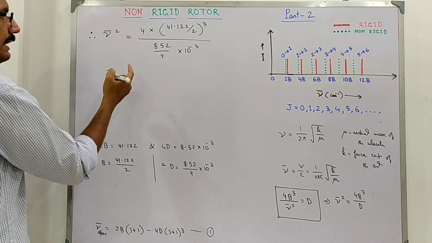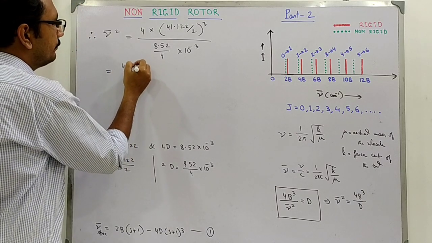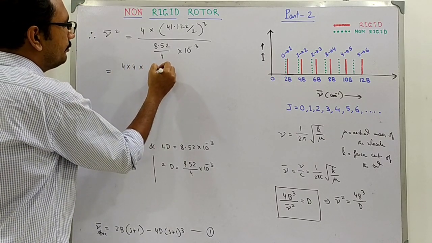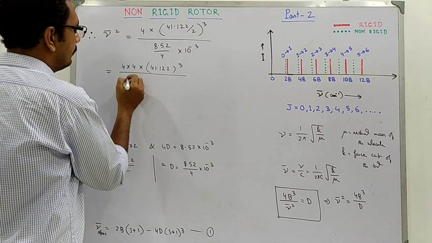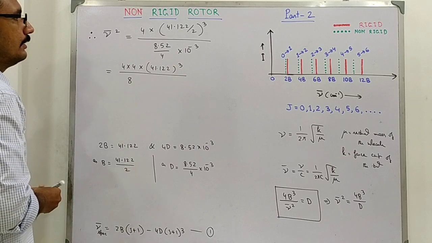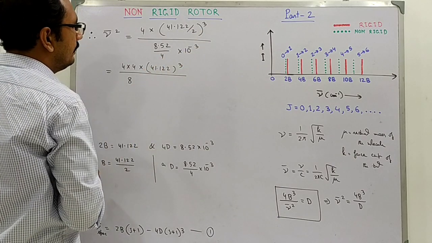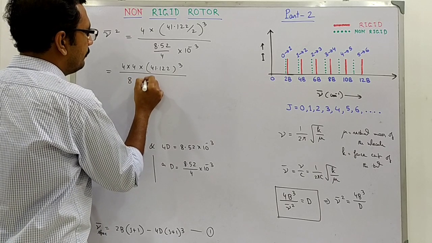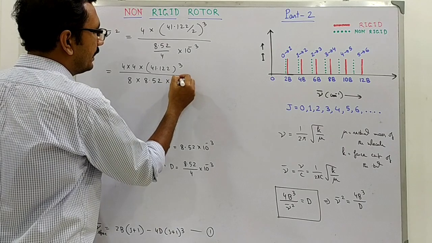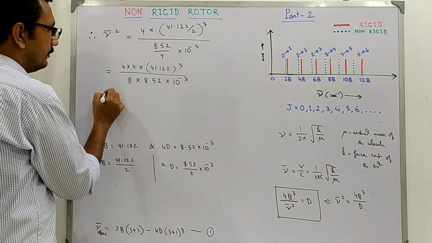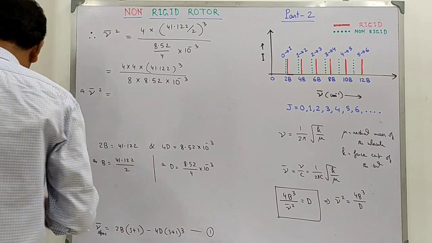So, let us simplify it first before using the calculator. So, it will be 4 into 41.122 cubed, and we will get 8 here from this 2 cubed, and 8.52 in the denominator, and it is 10 to the power minus 3 here. So, let us find the value using the calculator.